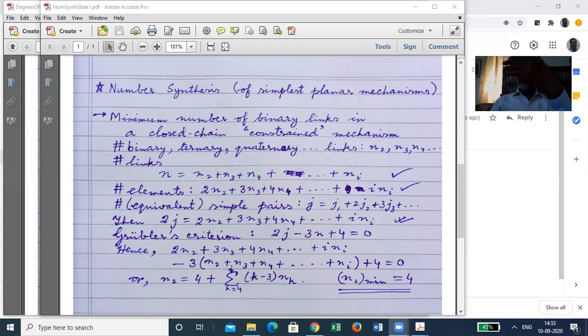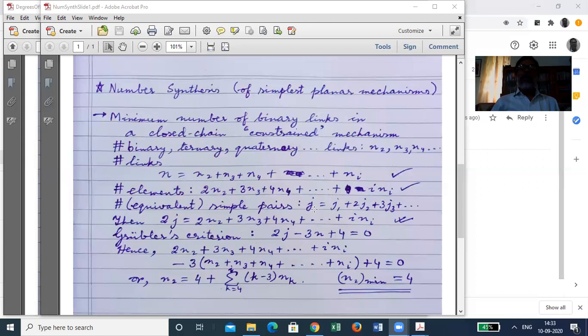The other participating link will contribute the other element of the pair. Okay. So the number of elements like this will be twice n2 plus thrice n3 plus 4 times n4 and so on, right? Because the ternary link will have 3 connections, quaternary link will have 4 connections, and so on. So equivalent simple pairs in the mechanism is this that we have already seen.